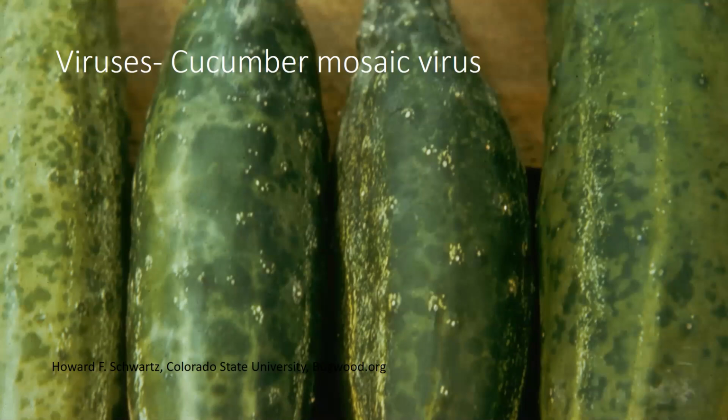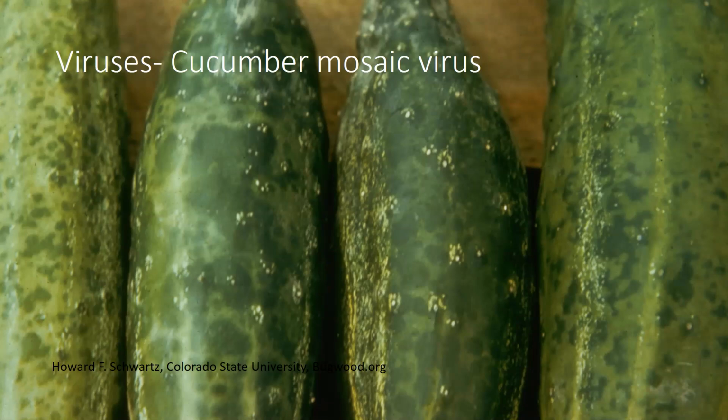They're splotchy. This disease is spread by aphids, and it can be spread mechanically. So humans can be part of the cause, because if we don't clean our tools between touching an infected plant and an uninfected plant, then we can spread it.